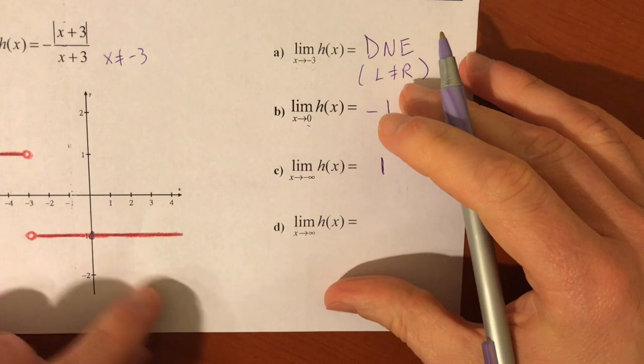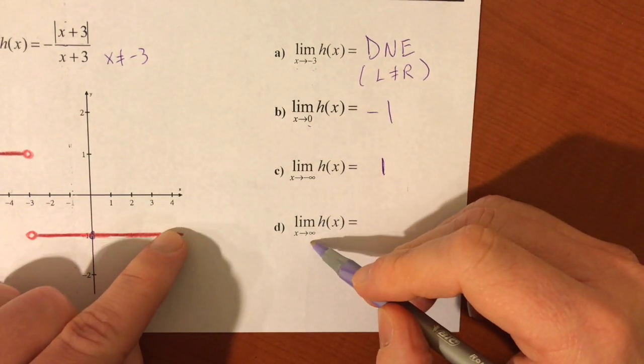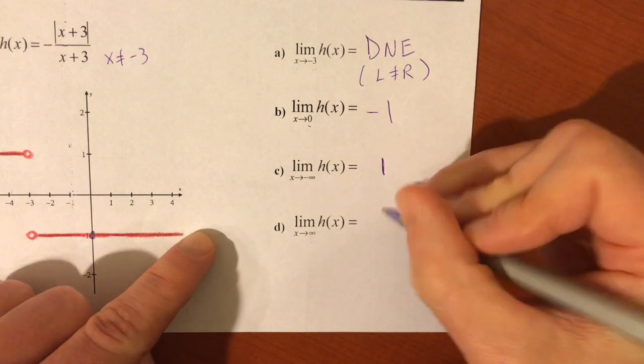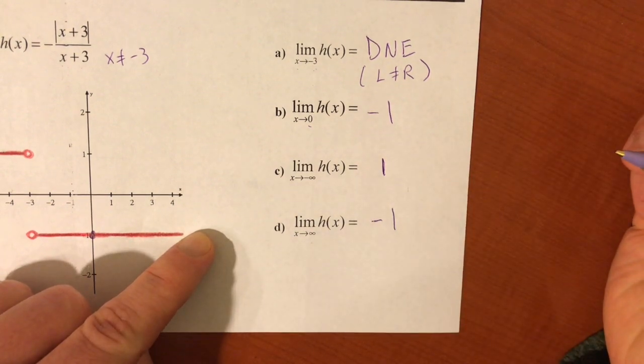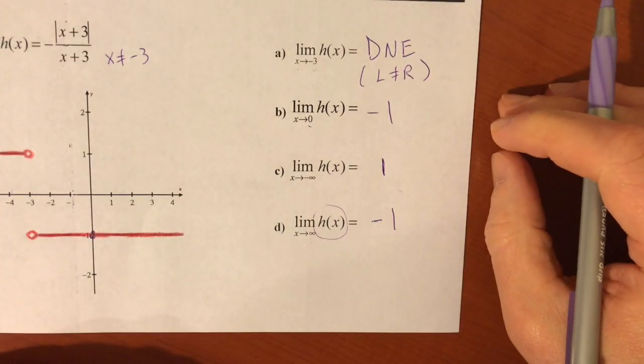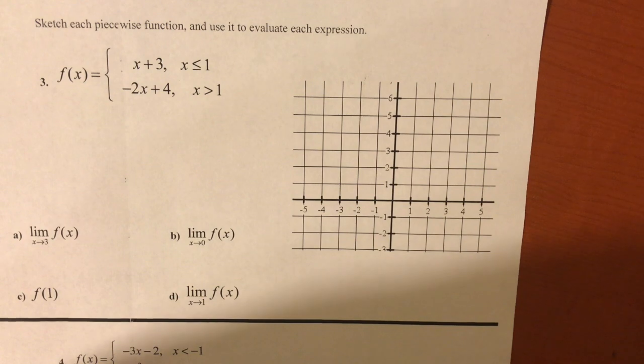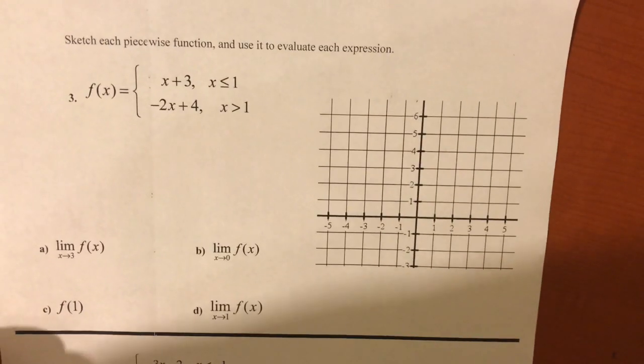And as x goes to infinity, we're getting -1 for y, for this value of h of x. So that's it.